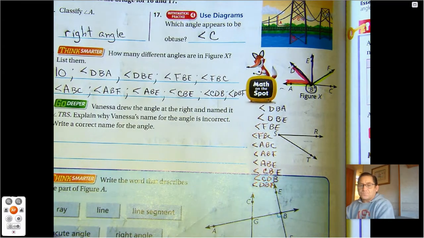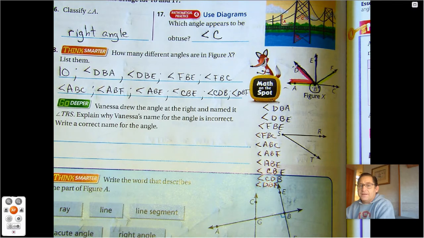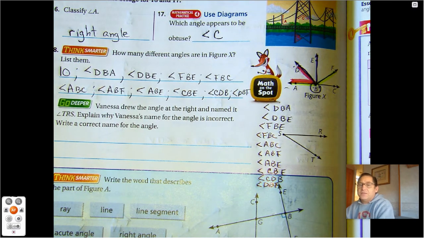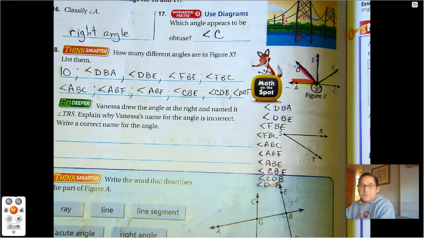So it takes practice to identify the different angles. Okay, it can be a challenge. So just try to break them apart the best you can to be able to visualize it.